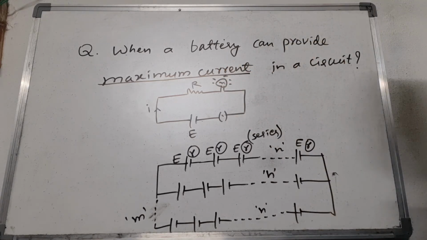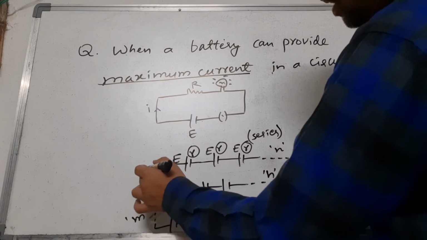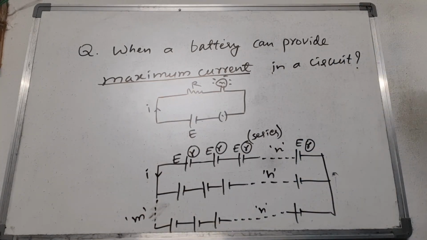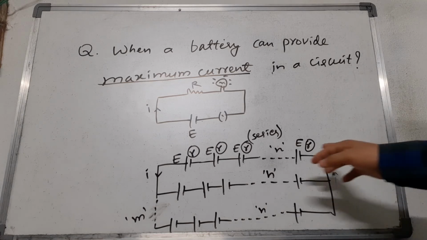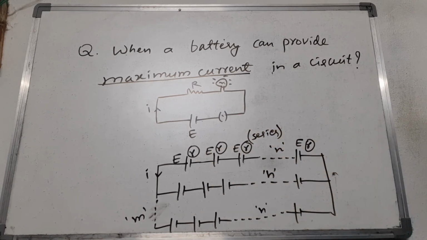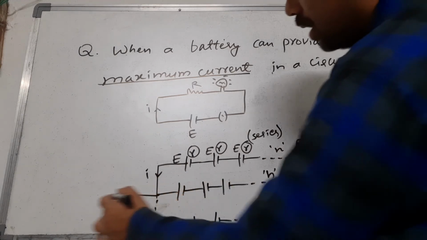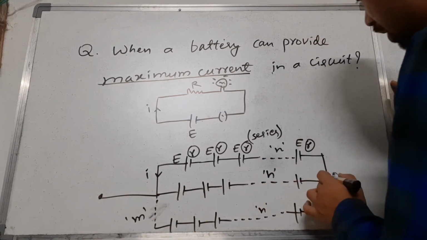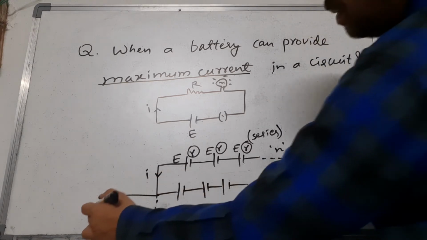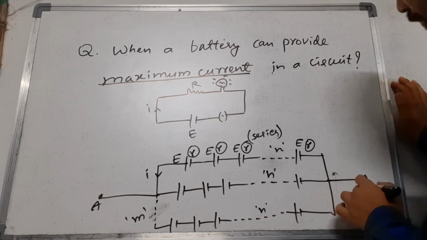In this case when the current flow will be maximum. So when it will be maximum means, first we have to calculate the total resistance. Okay, so at any point the EMF, the potential difference, will be same, because they are connected in parallel.